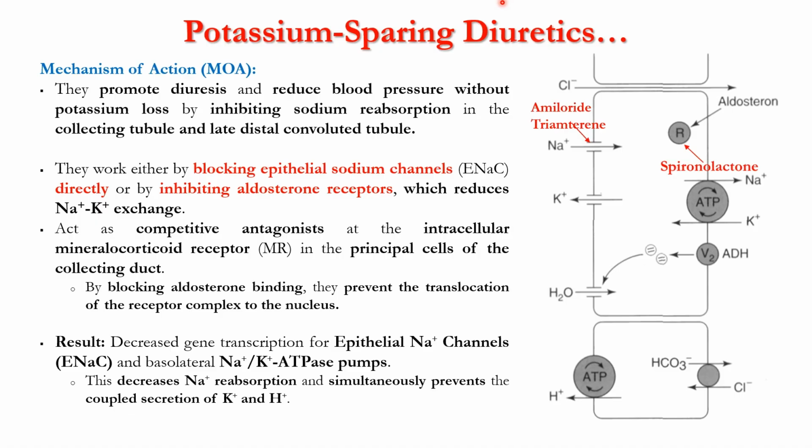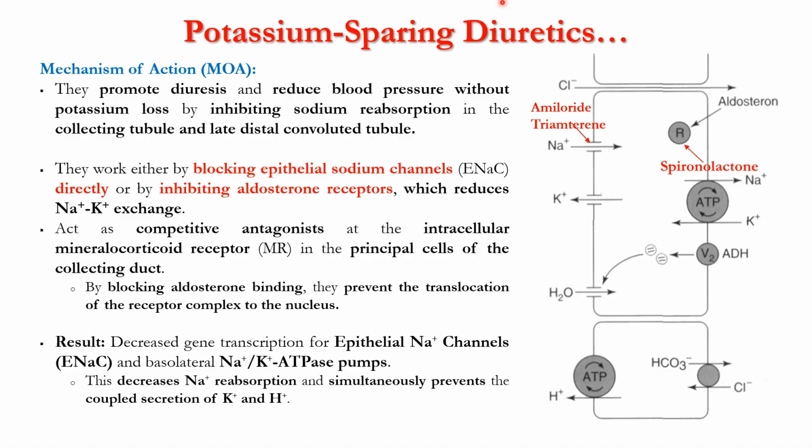Because these loop diuretics and thiazide-like diuretics have a side effect of excessively losing potassium, but when they are combined with potassium-sparing diuretics, they can bring synergistic activity, since the potassium-sparing diuretics will retain the potassium, so that the depletion of potassium is going to be protected.